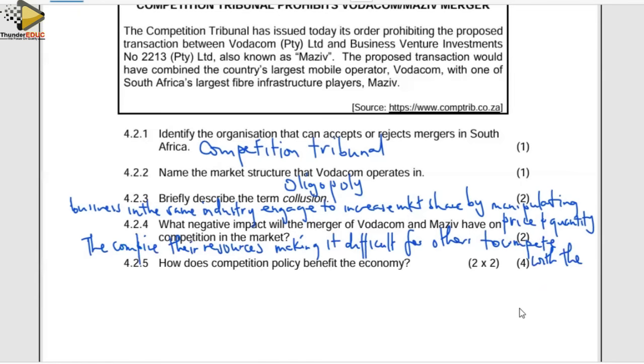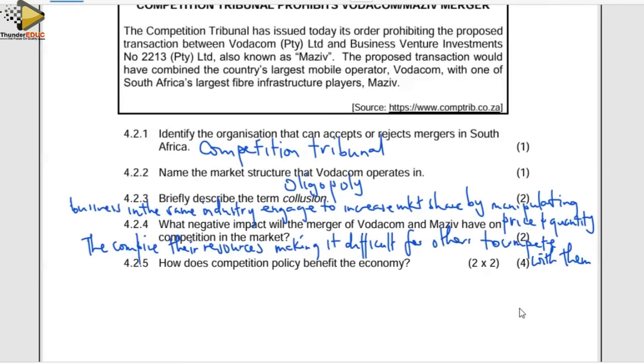It will be difficult for other businesses to compete with them because they will be having a competitive edge. After combining their resources, they will have an advanced competitive edge compared to their counterparts. And hence it becomes a challenge for the ordinary businesses to compete with them because of their size.